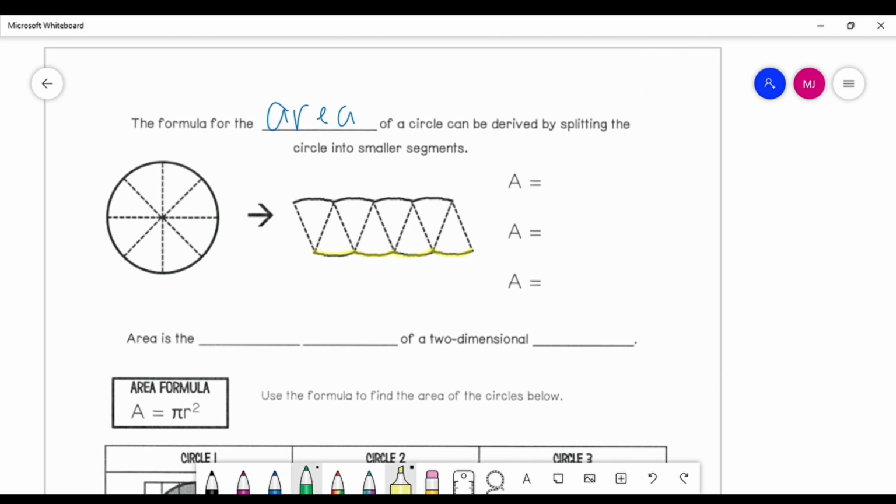And so if we start to write a formula, we could say, well, half of the circumference times what? Well, what is this? Inside the circle, what is that? The radius. Good. And so when we create this formula over here, we could say, well, that's half the circumference times the radius.